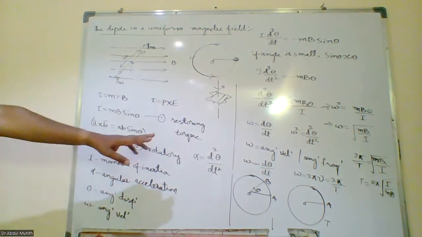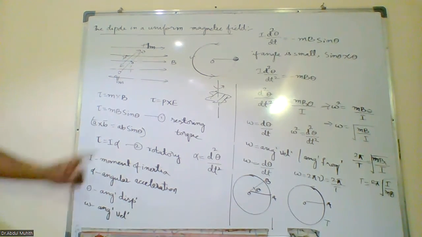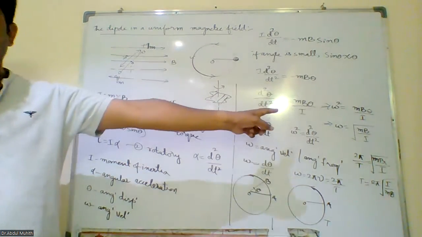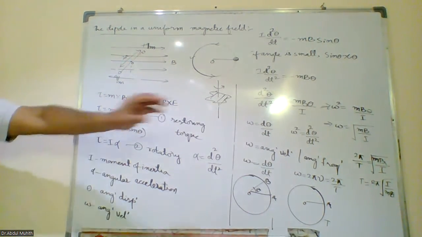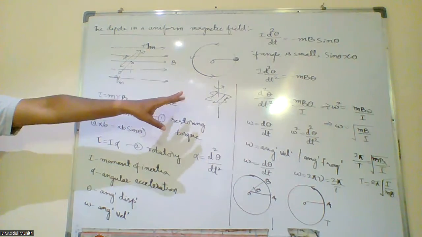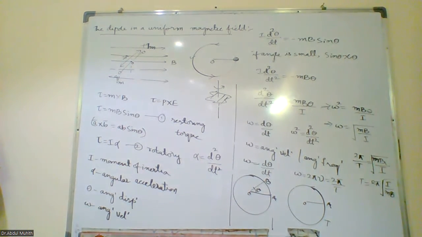Is this clear? You might ask me, sir, why did you suddenly remove that minus there? Because it is only the magnitude, not the direction. And the second thing is you can never find the square root of a negative number.